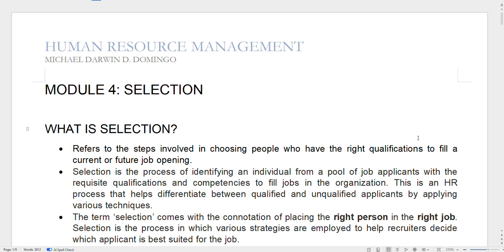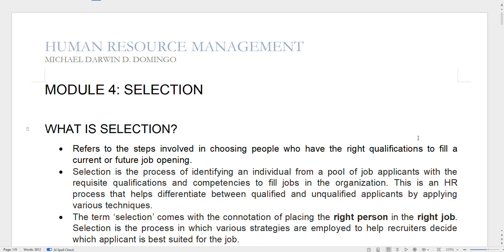And this is an HR process that helps differentiate between qualified and unqualified applicants by applying various techniques. So to separate those qualified and non-qualified, we do selections. And of course, we use several techniques on how we could separate those who are qualified from non-qualified.